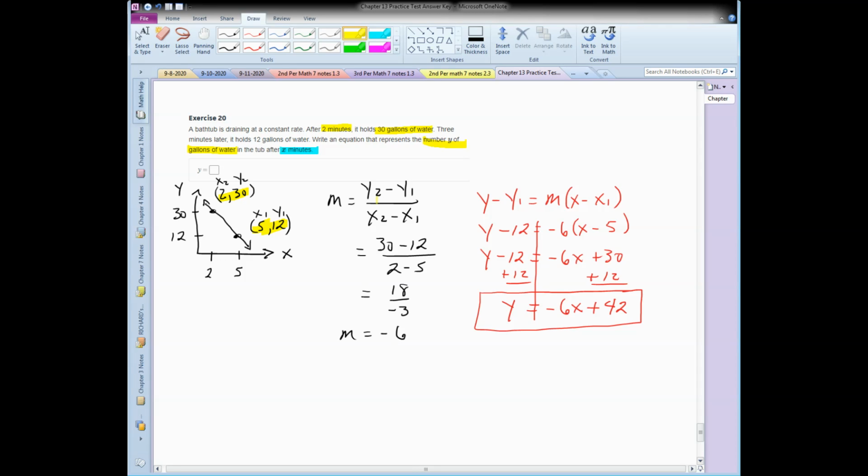And with 2 coordinates, I can find an equation of the line by doing what? Step 1, calculate the slope. Step 2, use the point-slope form and write the equation in point-slope form. And then step 3 is get y by itself and write the equation of the line in slope-intercept form. And then the part that goes in the box would be this part because it already has the y equals.